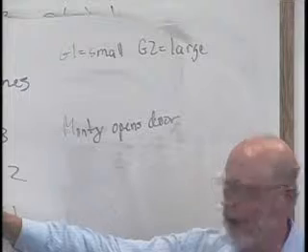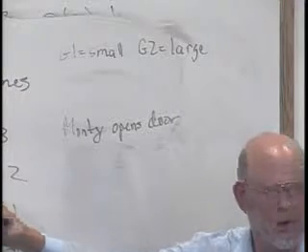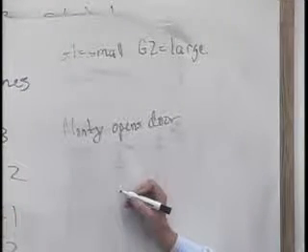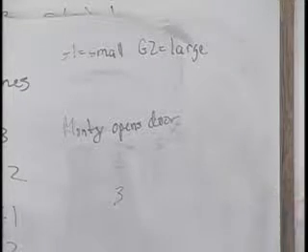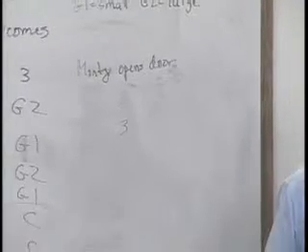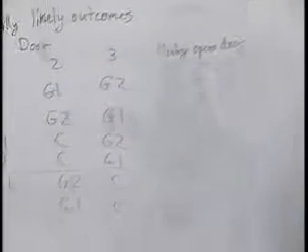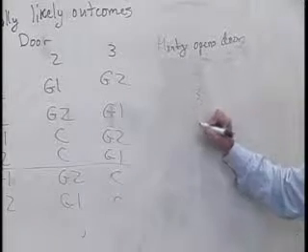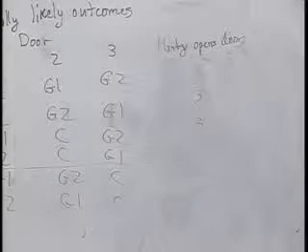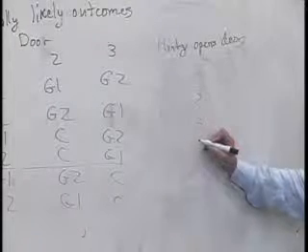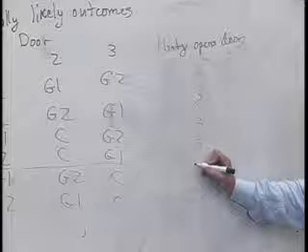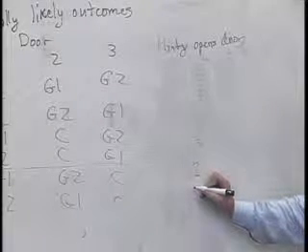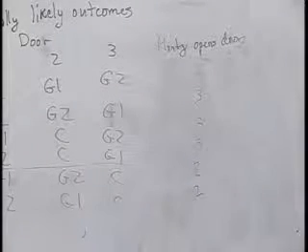He's going to open the door that reveals the smaller goat. In this case, he's going to open 3. In this case, no, he can't open 1 because Robert chose door 1. He's going to open 3 because that's the only one that has a goat behind it. And here he's going to open 3. And here he's going to open 2. And here he's going to open 2.